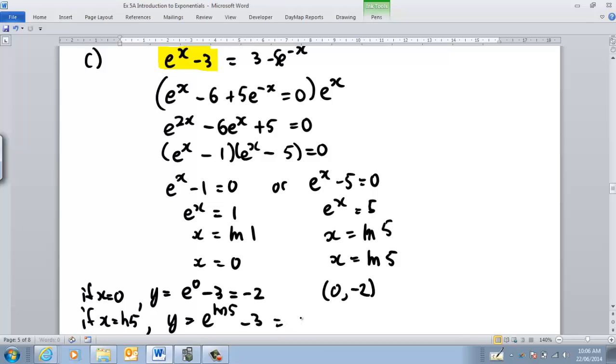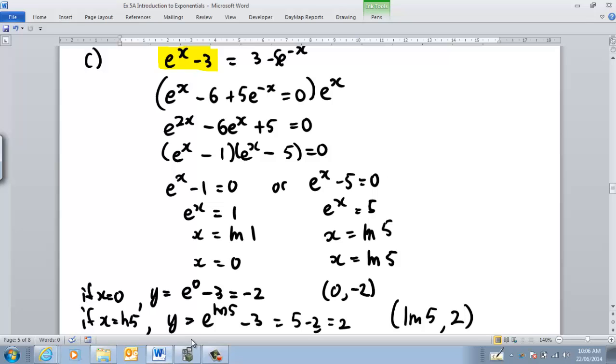That's going to give me simply 5 take 3, which is equal to 2. So that point is going to be (ln 5, 2). Right, so we found the 2 intersect points.